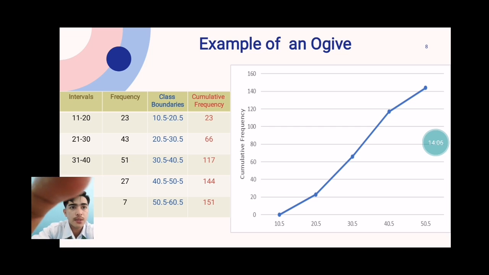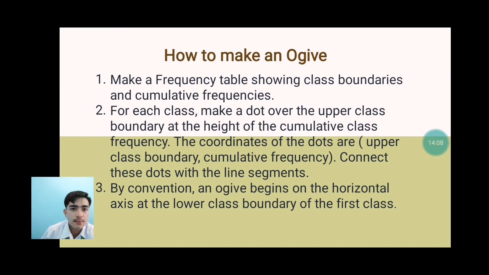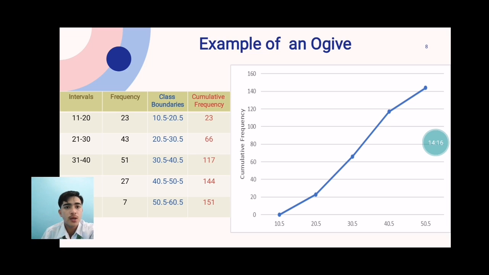Another thing that we have to remember to plot an ogive. By convention, an ogive begins on the horizontal axis at the lower class boundary of the first class. So in our example, our first class here is 10.5 to 20.5. So the question is which among these two is our lower class limit? Obviously our lower class limit is the 10.5.